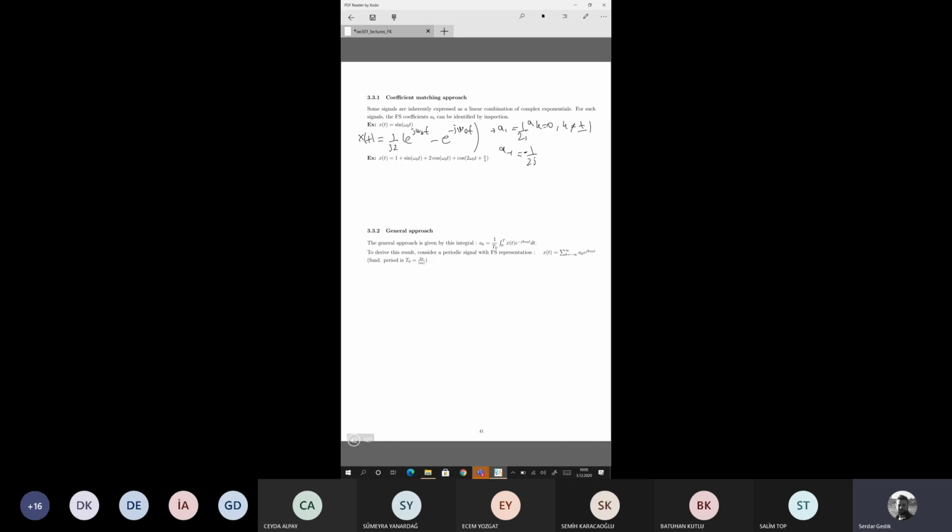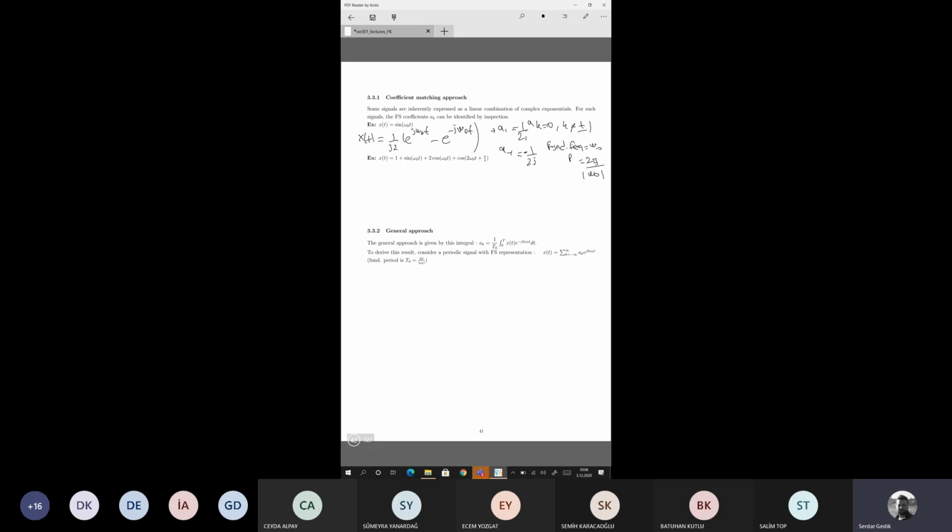A minus 1 is minus 1 over 2j. And of course, the fundamental frequency is omega 0, and the fundamental period is simply 2 pi over absolute omega 0.